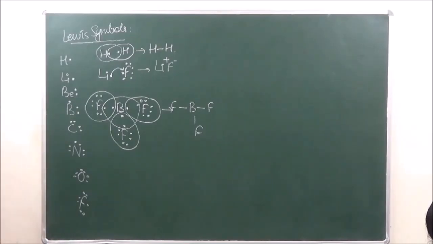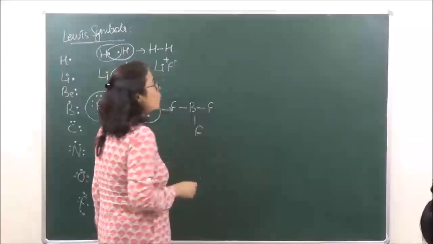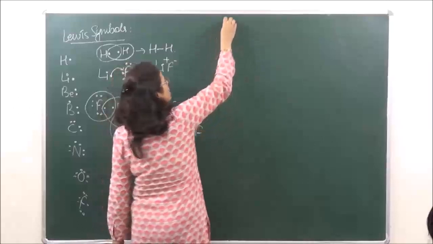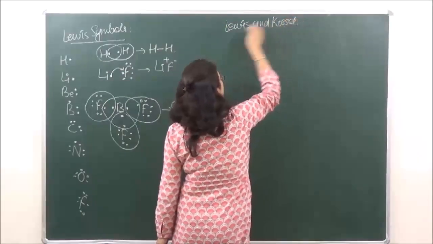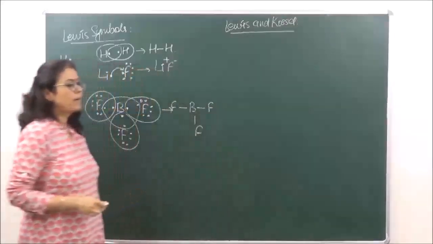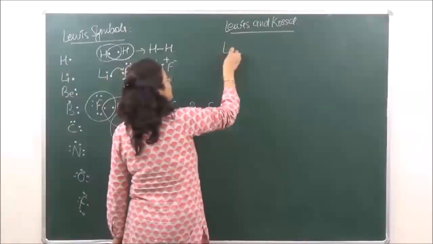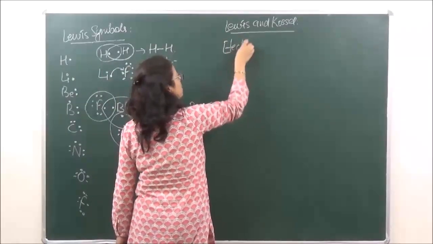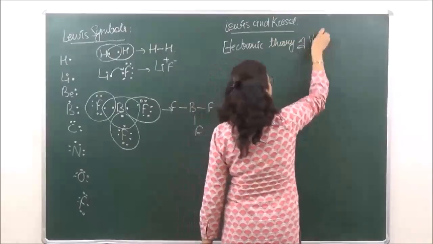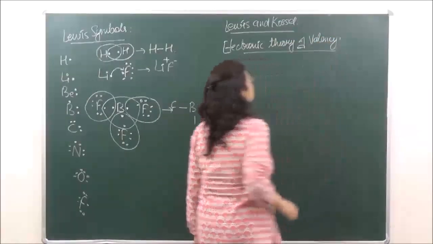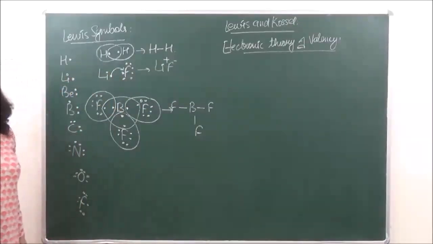Now Lewis dot structure के बाद there was a theory which was put forward by Lewis and Kossel. This theory is known as the electronic theory of valency. Now what does this theory say?